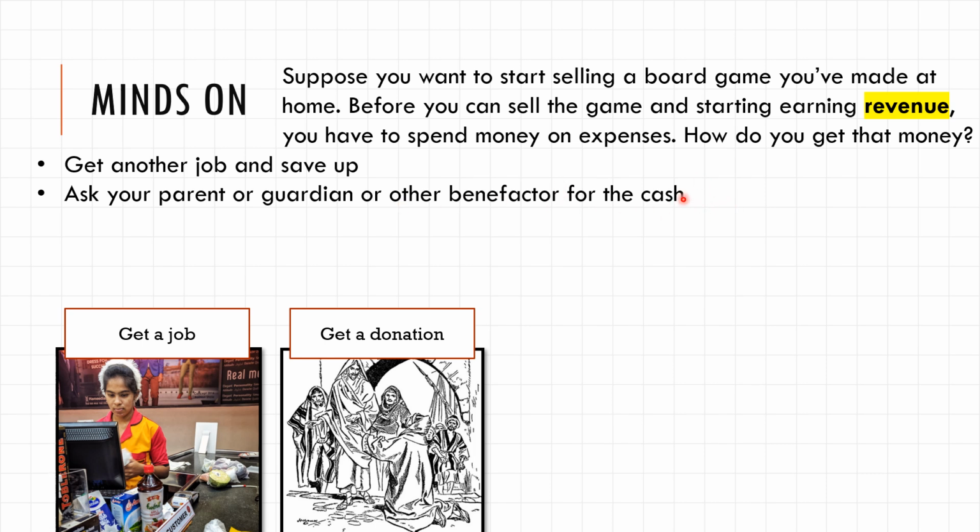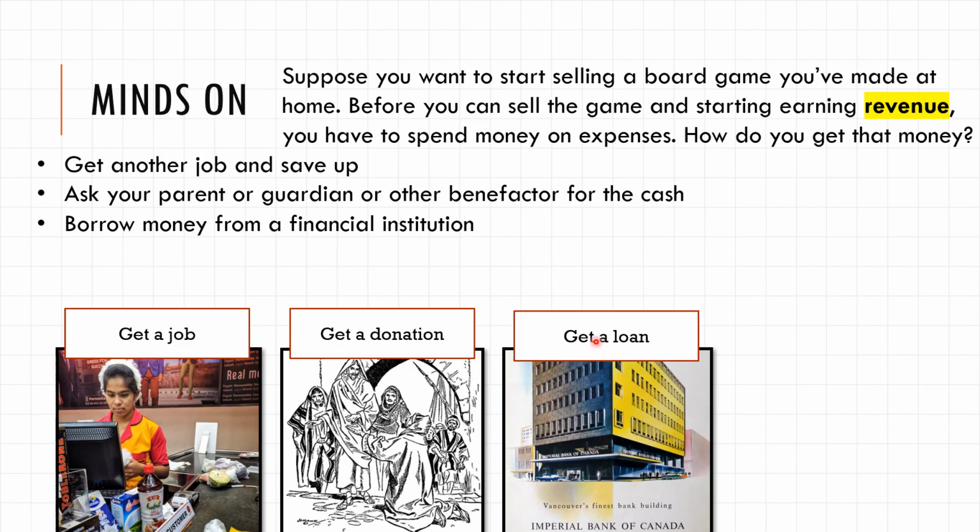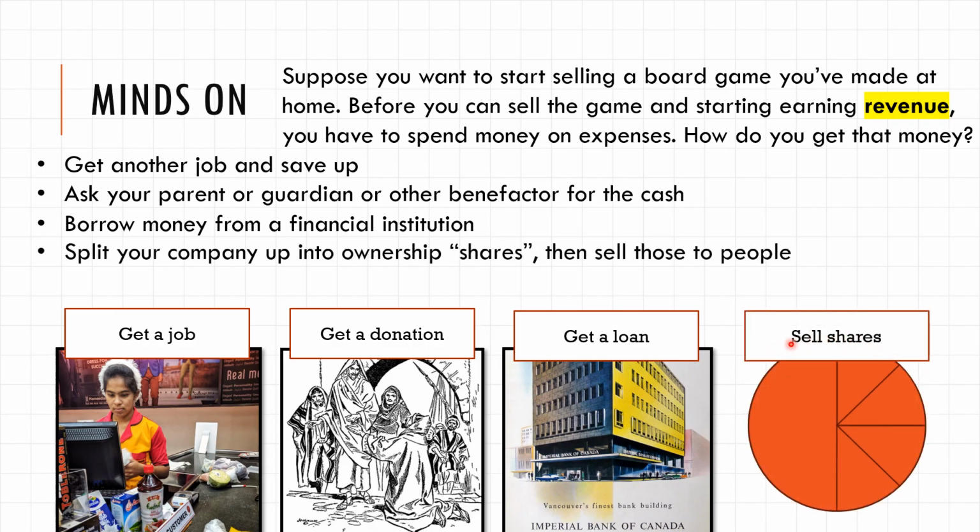You could go to a financial institution and borrow that money, and they might charge you a fee for borrowing money. And finally, you could take this idea that you're starting a board game production company and imagine that you are taking your entire company and breaking it up into shares. So you're breaking it up into partial ownership, and then you're selling part of your shares, those ownership shares, to other people.